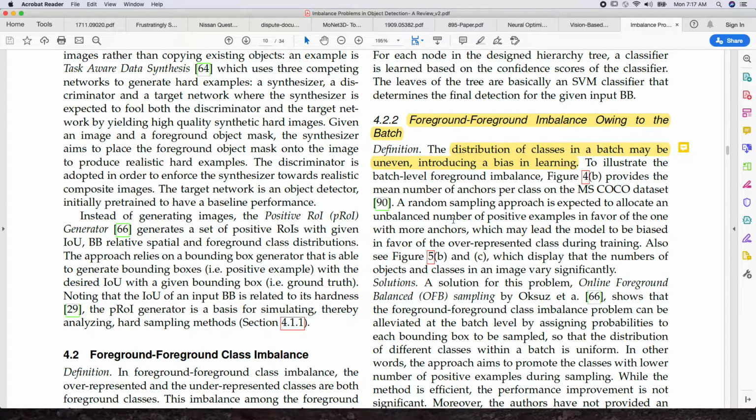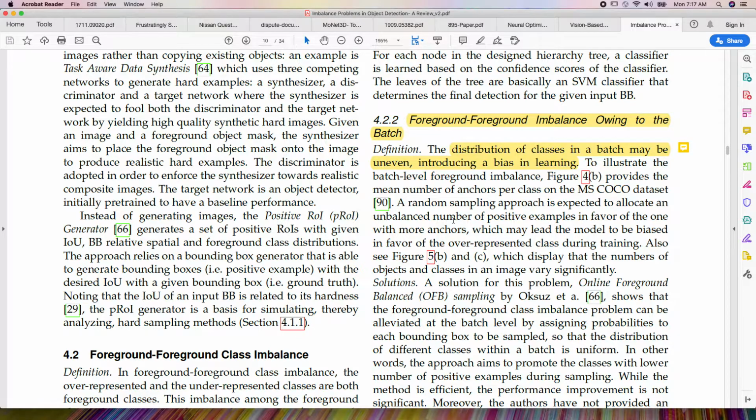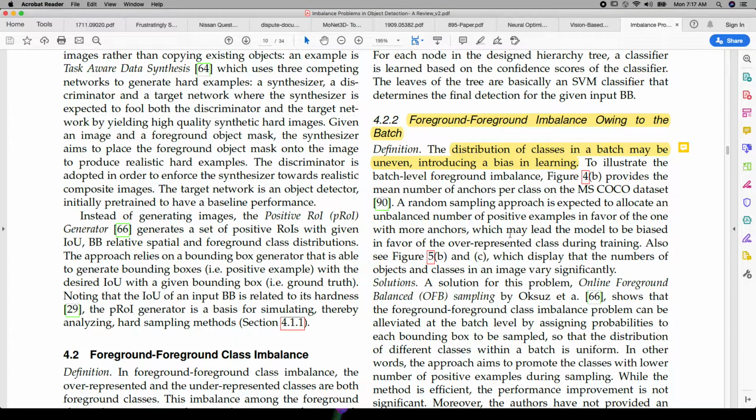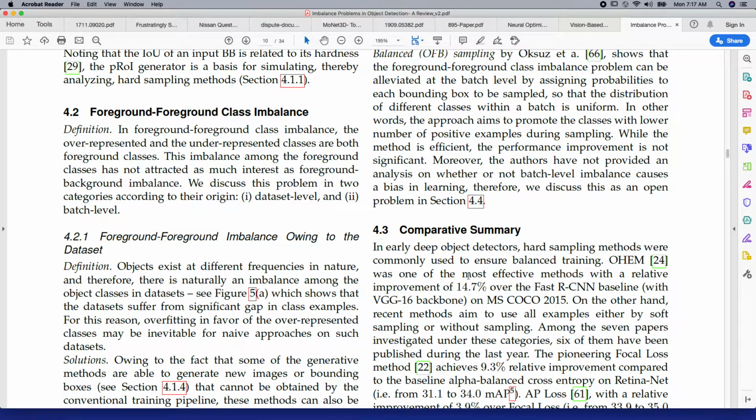If your training in each class is uneven, then the students unknowingly are going to be biased towards what you actually spent more time on. That's the way I see it. I don't know the way you see it. To illustrate the batch-level class imbalance, we provided a figure, and we'll come back to this in a later deep review.